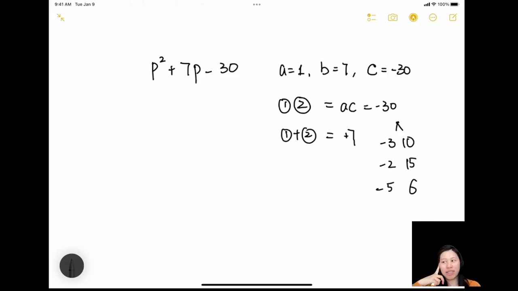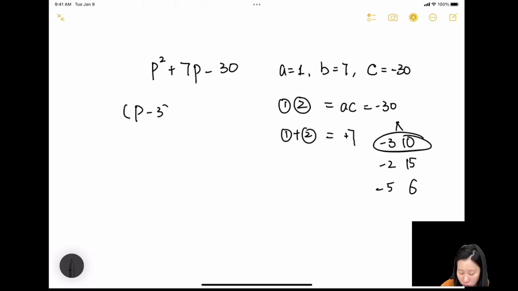Any other option? I couldn't think of others. So we want the sum to equal positive 7. Again, that's obvious, it should be this first combination, negative 3 and 10. So we have p minus 3 times p plus 10. That's how you factor it.